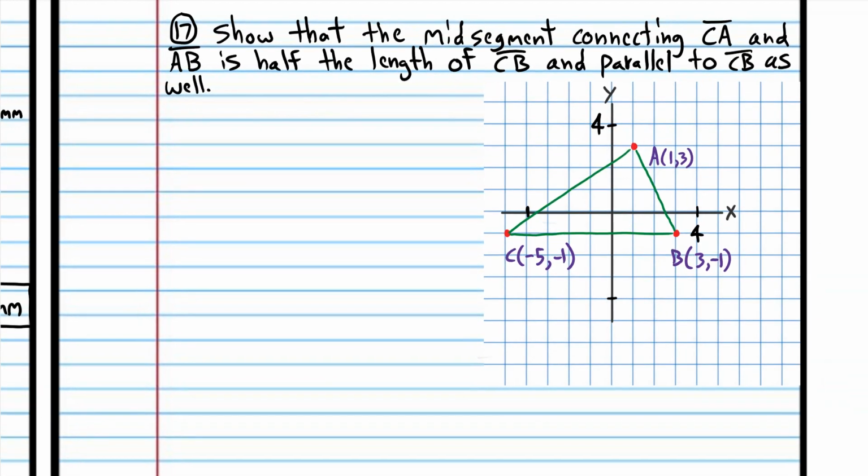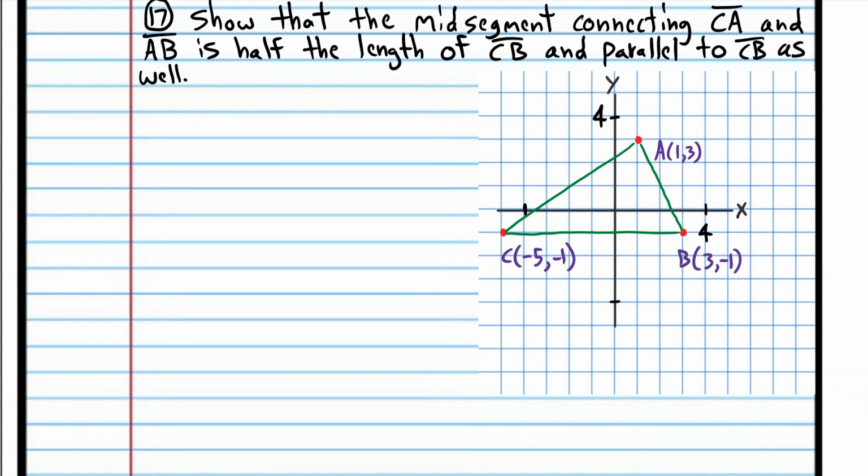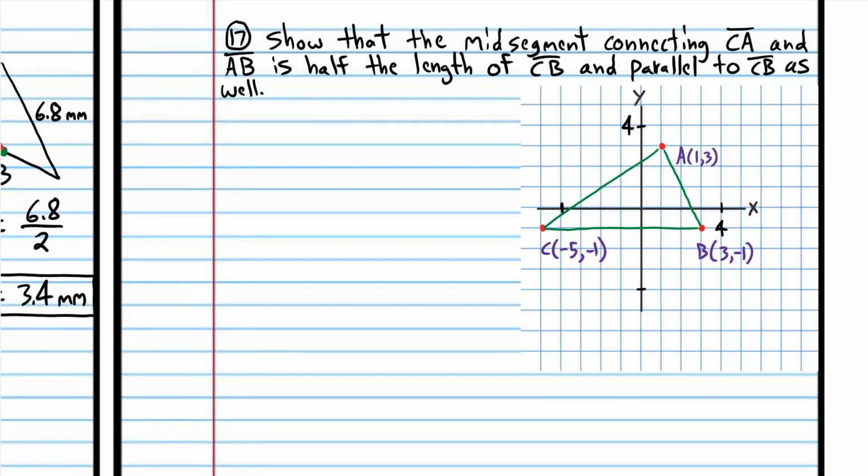But to find the points on the midsegment, all we have to do is find the midpoint between A and C, which would be somewhere around here, and the midpoint of A and B, and then just use those two coordinates to find the length of the midsegment with the distance formula. Then we can find the slope using those 2 points and show that the slope is equal to the slope of segment CB, which will prove that the midsegment is parallel to the non-included side.